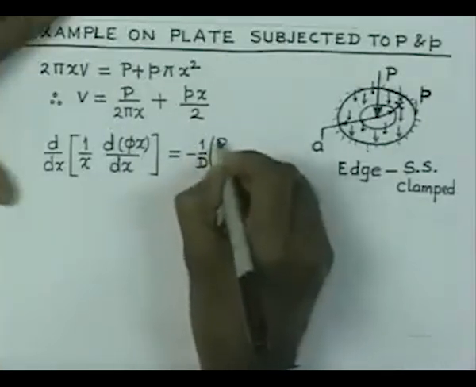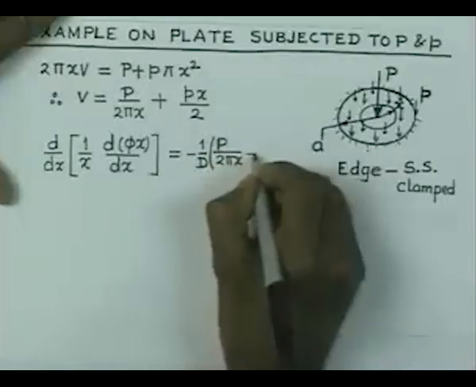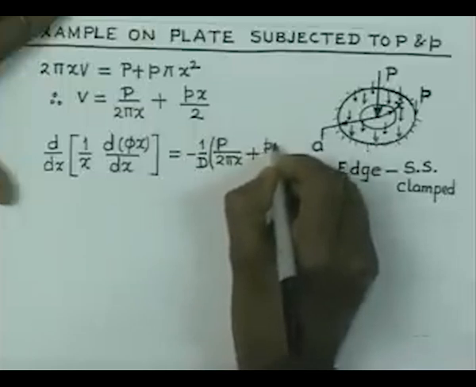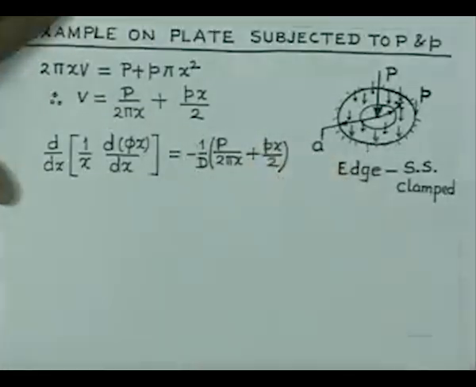For V we write P by 2 pi x plus Px by 2.